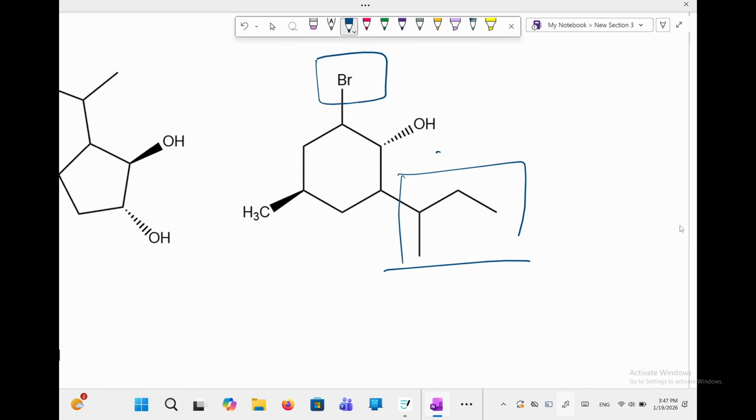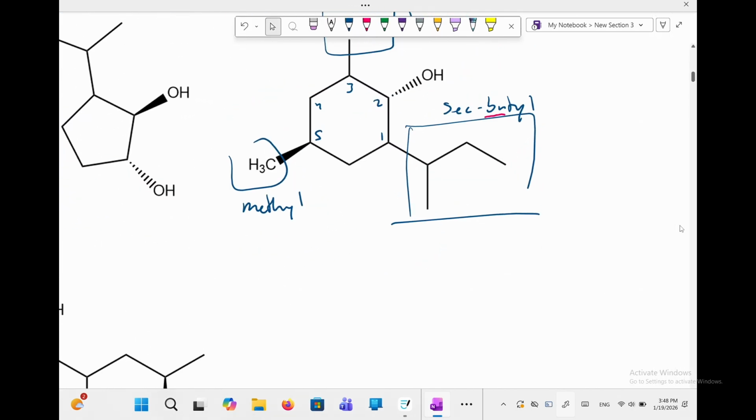So this is a sec-butyl. This is a bromo. This is a methyl. And this is an alcohol. If I were going to name it, I want to do it alphabetically, so bromo versus butyl. But when I go to number it, I'm going to do 1, 2, 3, 4, 5.